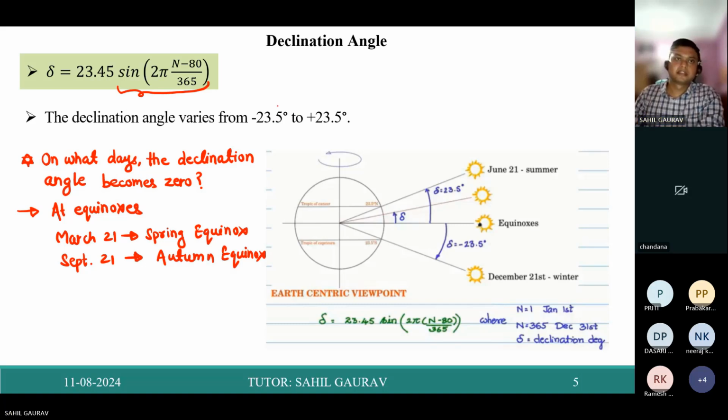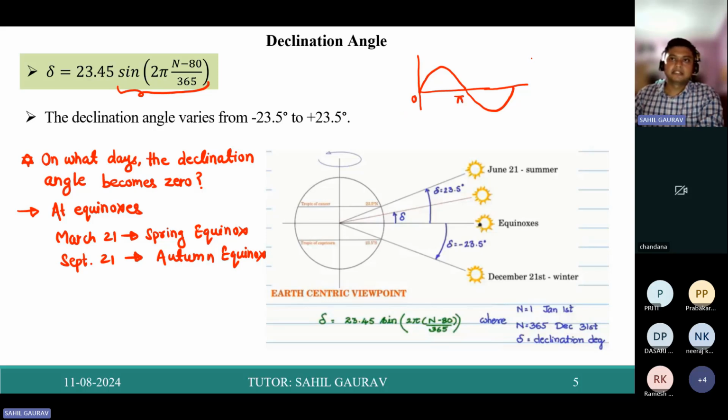We know the sine waveform starts from 0 and again becomes 0 at pi.